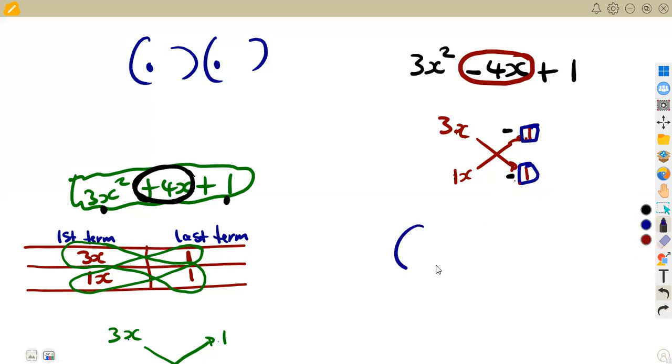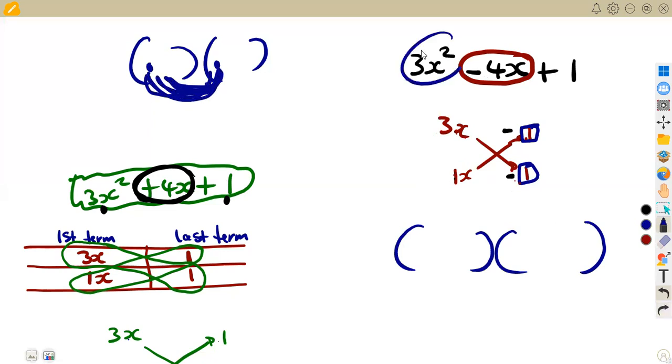So our brackets at the end, now we can factorize. These ones are not going to change, okay? And these are the numbers that we take in your first terms. For the first bracket and second, we've got 3x. And remember, we are supposed to get 3x squared. So if you multiply this and this, remember your FOIL method, guys, or distributive, first term times the first, you must get 3x squared.